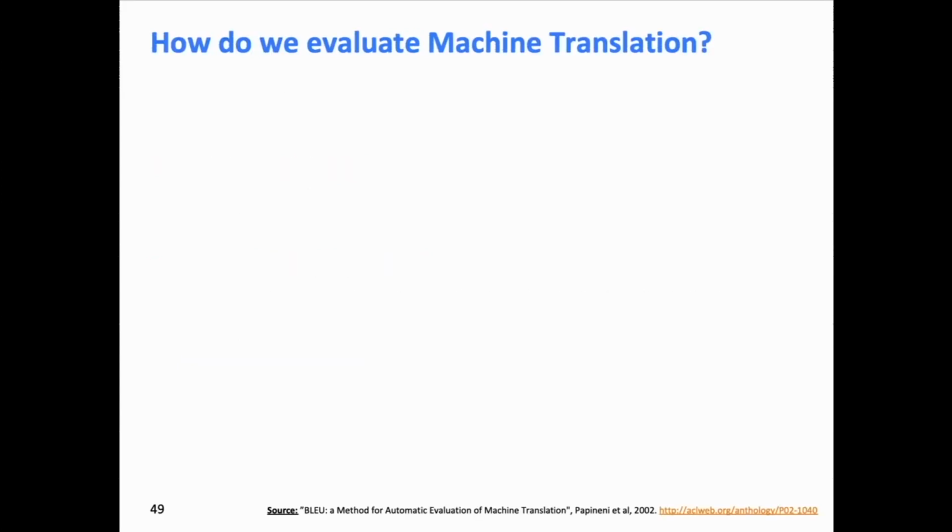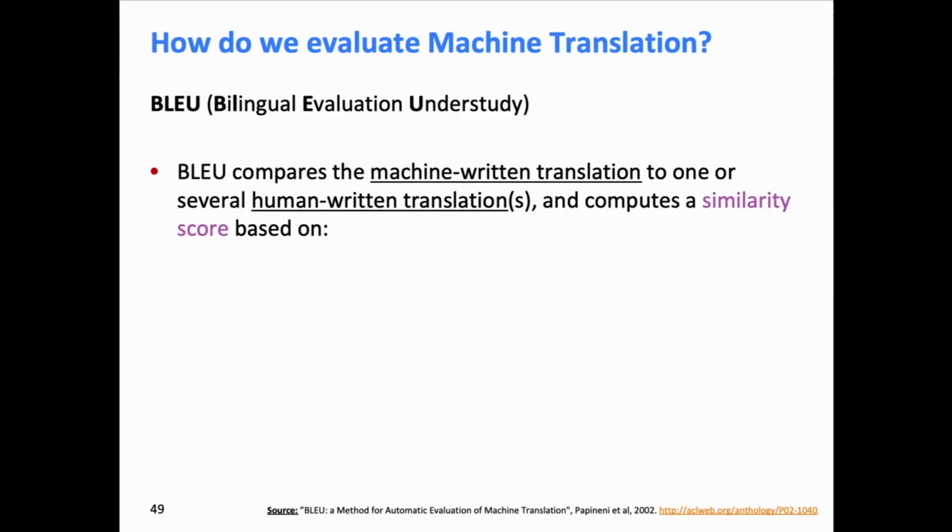Okay, so how do we evaluate MT? Every good NLP task needs to have an automatic metric so that we can measure our progress. The most commonly used evaluation metric for MT is called BLEU, and that stands for Bilingual Evaluation Understudy. The main idea is that BLEU is going to compare the translation that's produced by your machine translation system to one or maybe several human-written translations of the same sentence.